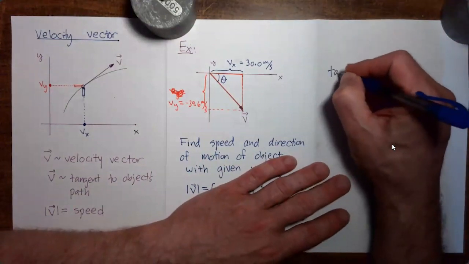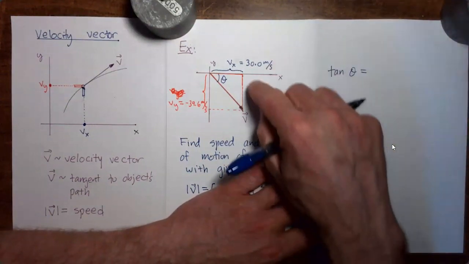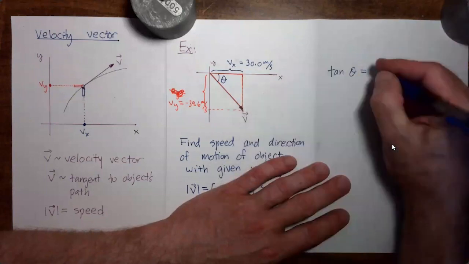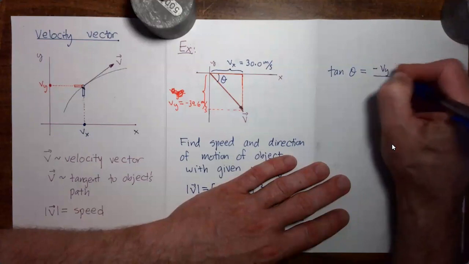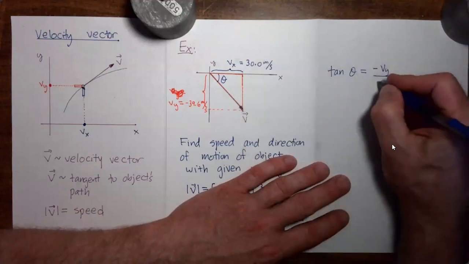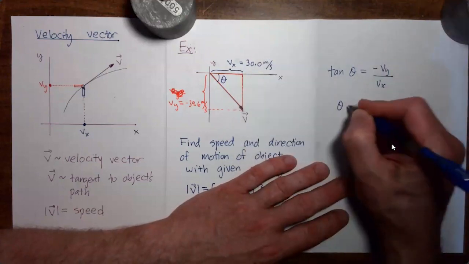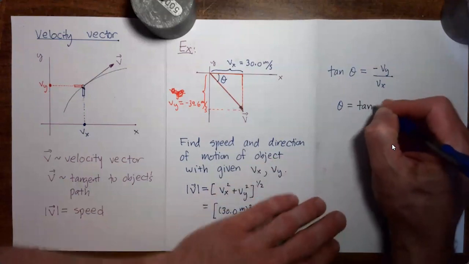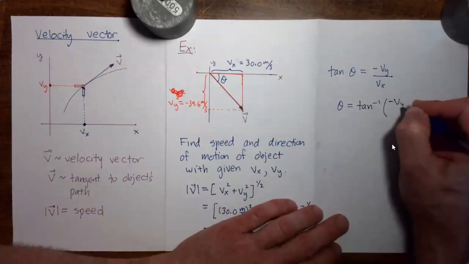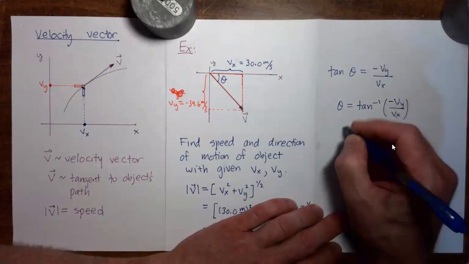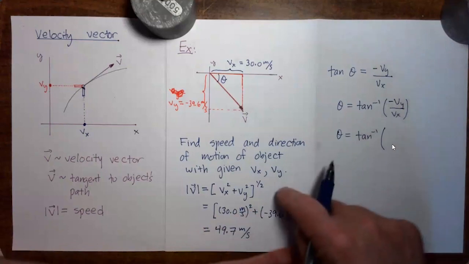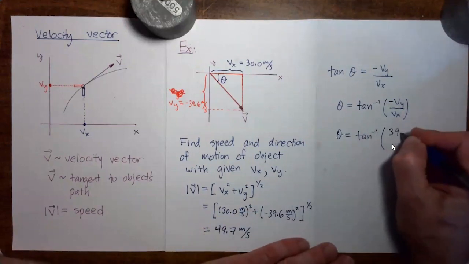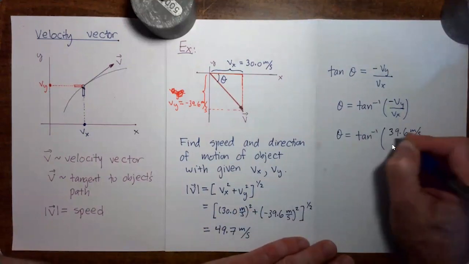I would then say that tangent theta equals the opposite side. So the opposite side, if I'm forcing it to be positive, would be minus Vy. And then we have the adjacent side, Vx. So we have theta equals inverse tangent of minus Vy over Vx. Now substituting, minus Vy would be 39.6 meters per second.